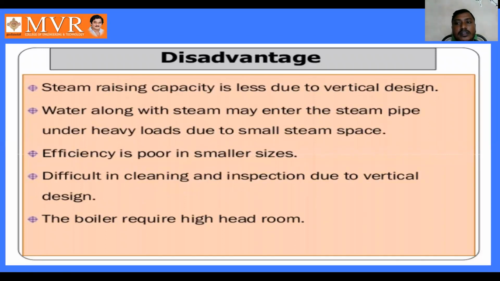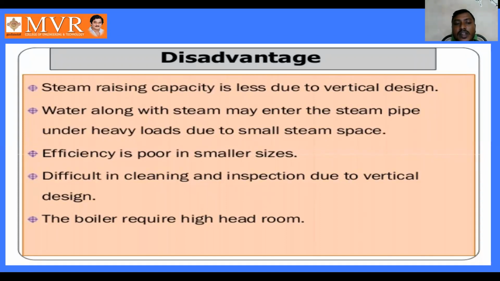These are some of the disadvantages which we can study about this Cochran boiler. Steam raising capacity is less due to the vertical design. Water along with the steam may enter the steam pipe under heavy loads due to the small steam space.